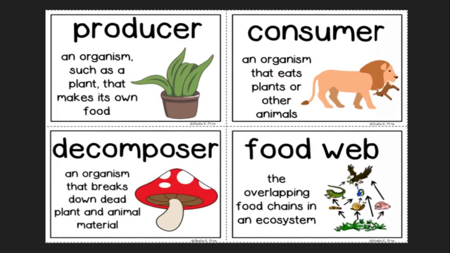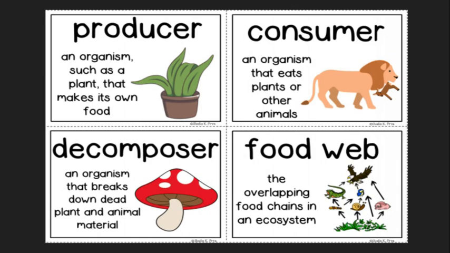Next up, we have producers, consumers, and decomposers. So a producer is an organism, such as a plant, that makes its own food. And we know that plants make their own food through the process of photosynthesis. Consumers are organisms that eat plants and other animals.